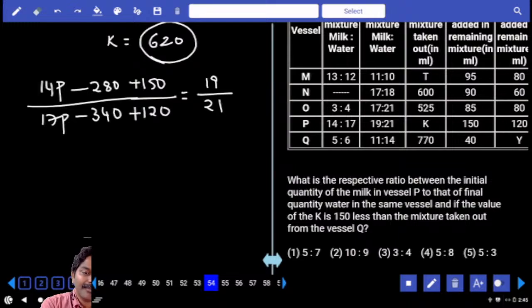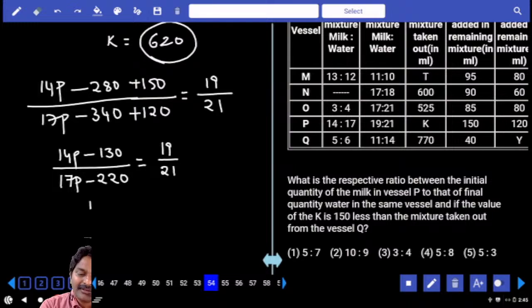19/21. 14 part minus 130 by 17 part minus 220 is equal to 19/21. After this you will get one part value. Yes or no?